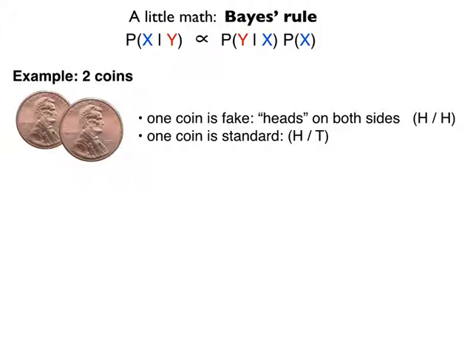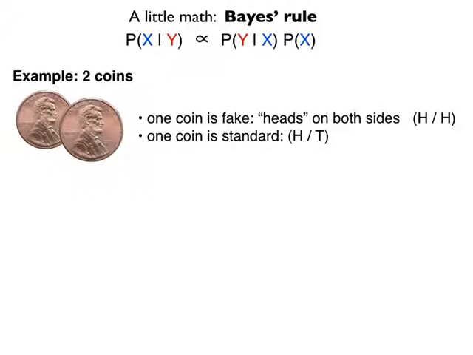Okay, so we'll go through a concrete, very, very simple example of how you might use Bayes' rule in a very, very simple context. Imagine the following scenario. You have a fake coin. It has heads on both sides, and you have a real coin. It has heads and tails. And you don't know which coin you are given.